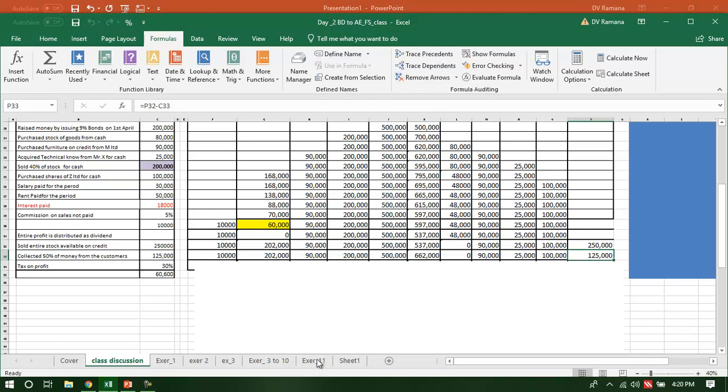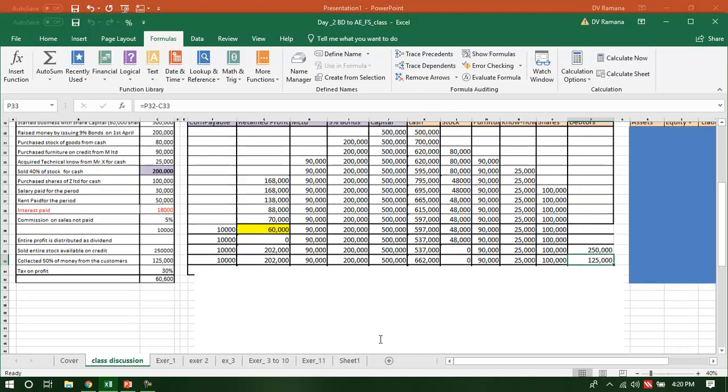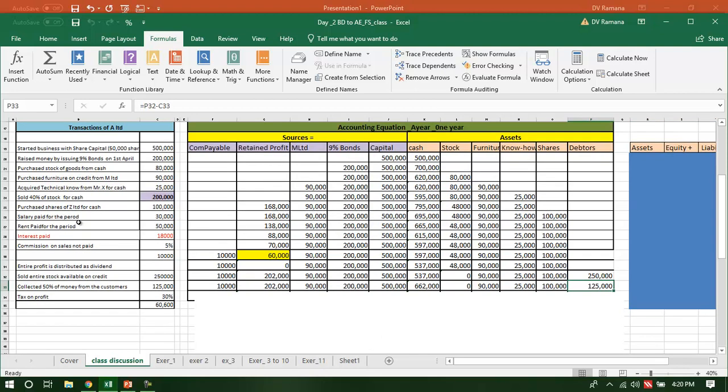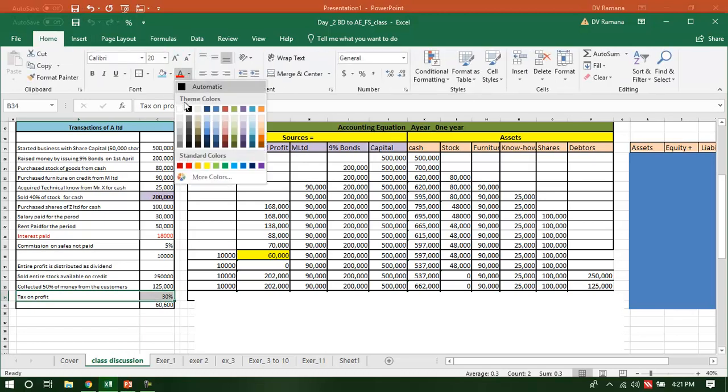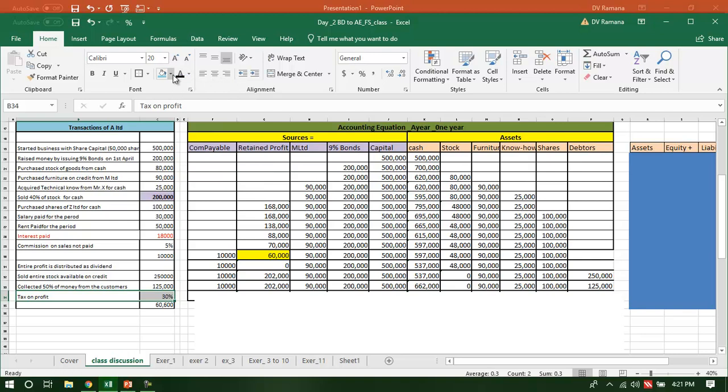So we can observe that every transaction, because it has financial items in it, affects the equation in such a way that at any point of time the company's assets will be equal to the sources. For the time being we'll ignore the tax.